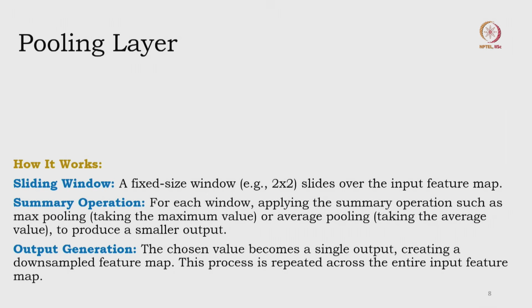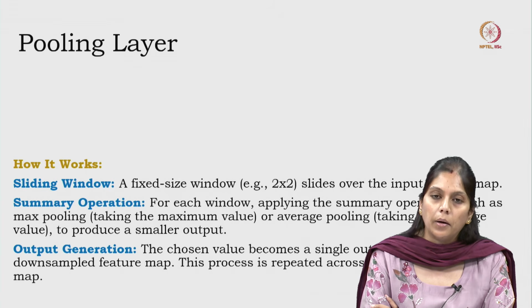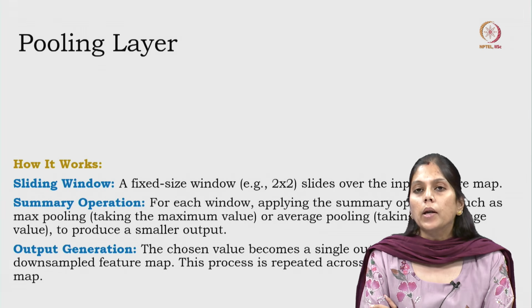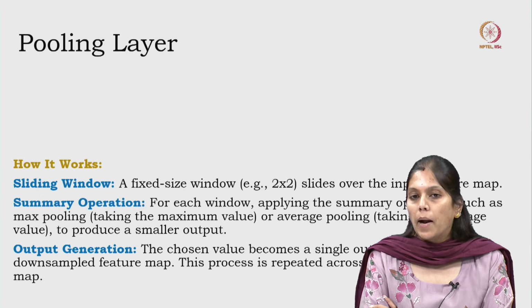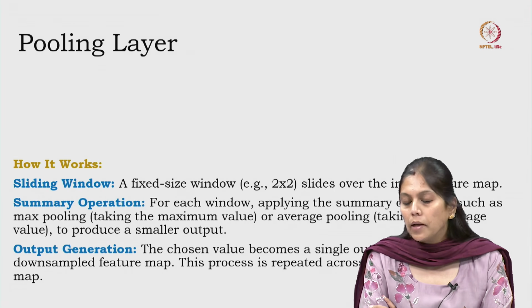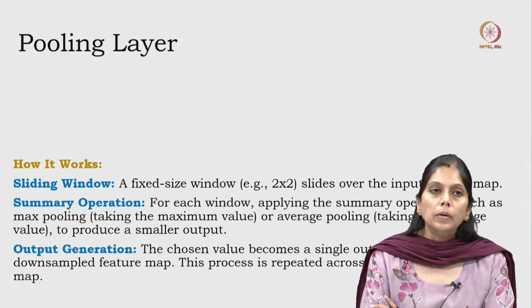So next, what we have observed so far is that we have performed a convolution operation and seen a ReLU activation function. In both of these, we have nowhere reduced the dimension of the feature map. Whatever the original input, if padding is applied, we retain the same feature map.